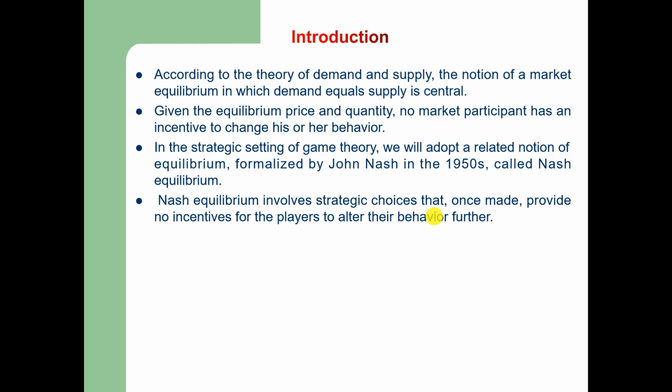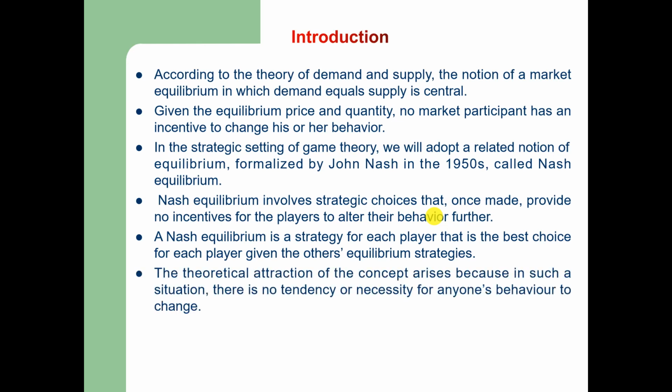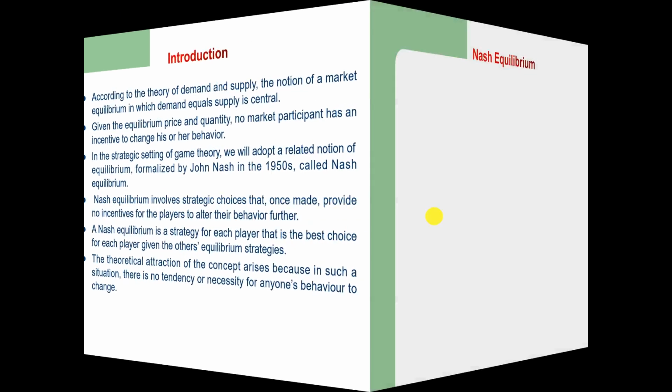Nash equilibrium involves strategic choices that, once made, provide no incentive for the players to change their behavior. It is a strategy for each player that is the best choice for each player given the other's equilibrium strategies. The theoretical attraction of the concept arises because in such a situation there is no tendency for anyone's behavior to be changed.